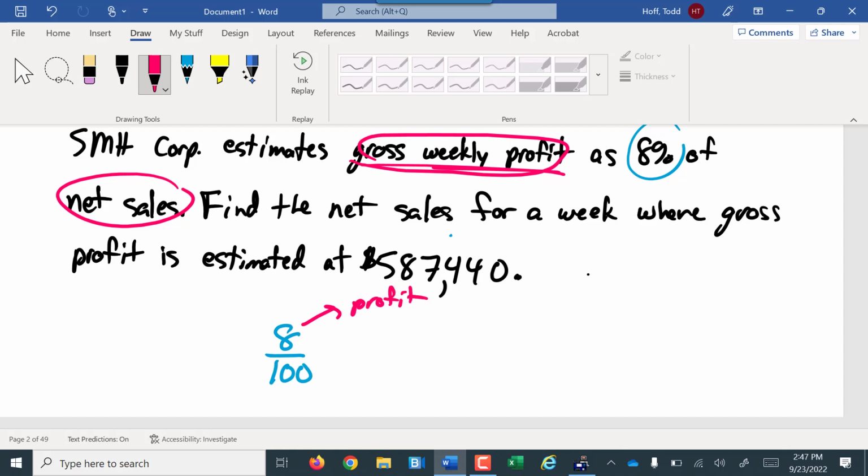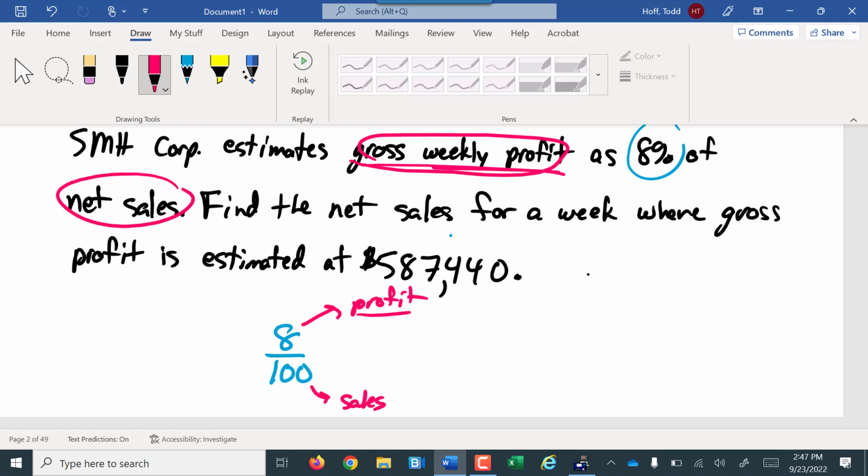Think about it, if you sell stuff, let's say you're selling garden sheds. If you sell a garden shed for $800, that's your sales. Well, that's not all profit, is it? Your profit would be what's left over after you subtract expenses. So the profit is a piece of the sales.